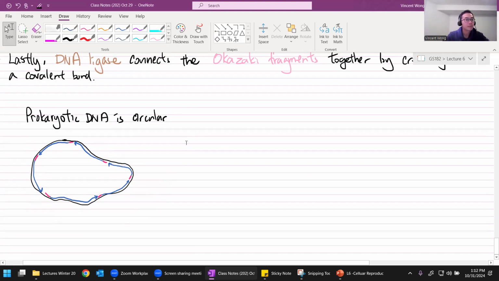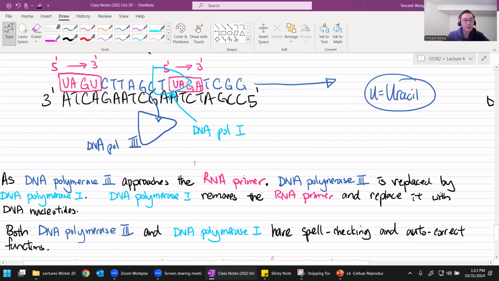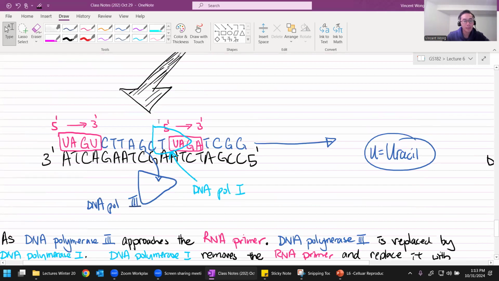Yes, Amar, go ahead. What would the RNA primer be replaced by when the DNA polymerase 1 attaches itself to it in the above example? Yeah, so over here, the light blue, it's basically going to take out the U and then put in the T, because the equivalent of uracil in DNA is thymine.